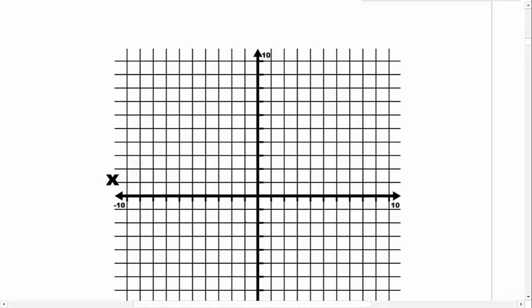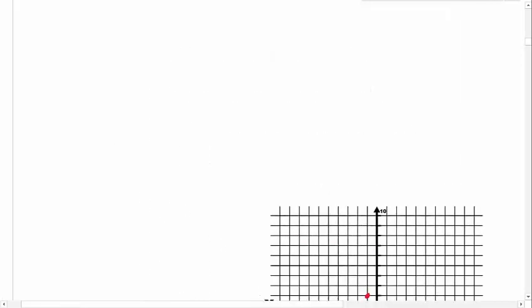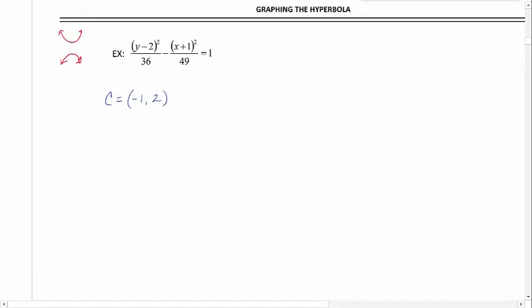We're going to use a and b to draw our rectangle. So we're going to take the square root of the number under y and then go that many units up and down from the center, and then we'll take the square root of the number under the x, and then we'll go that many units on either side of the center in the x direction, side to side. So we're going 6 up and down and 7 left to right.